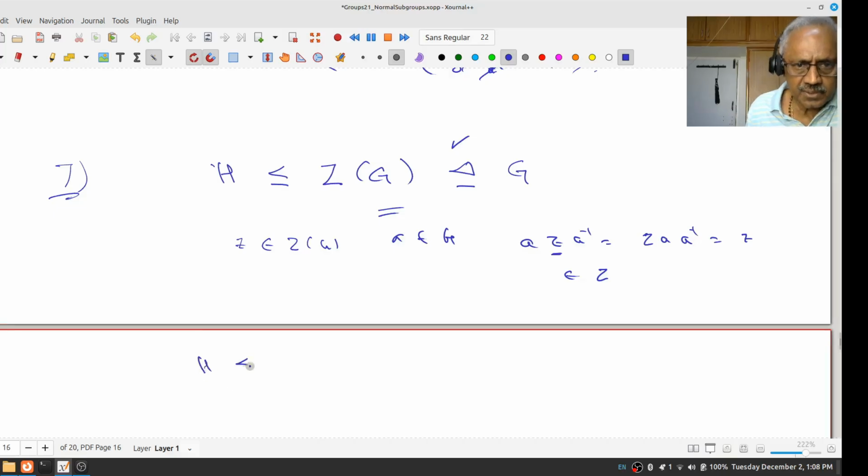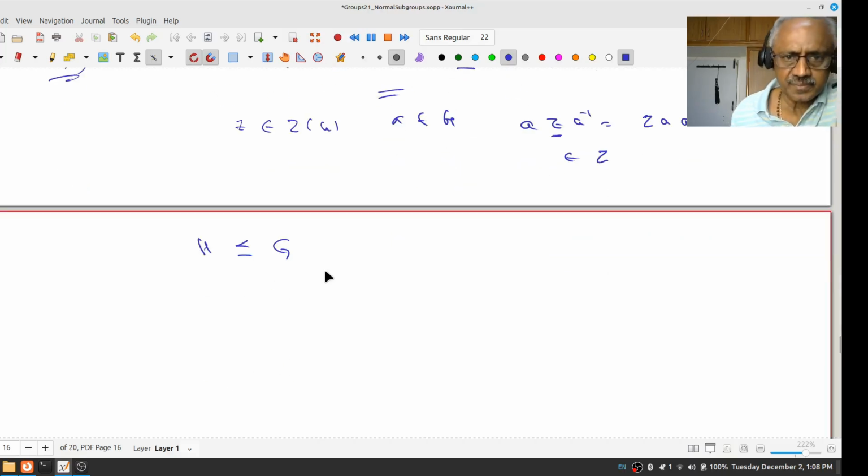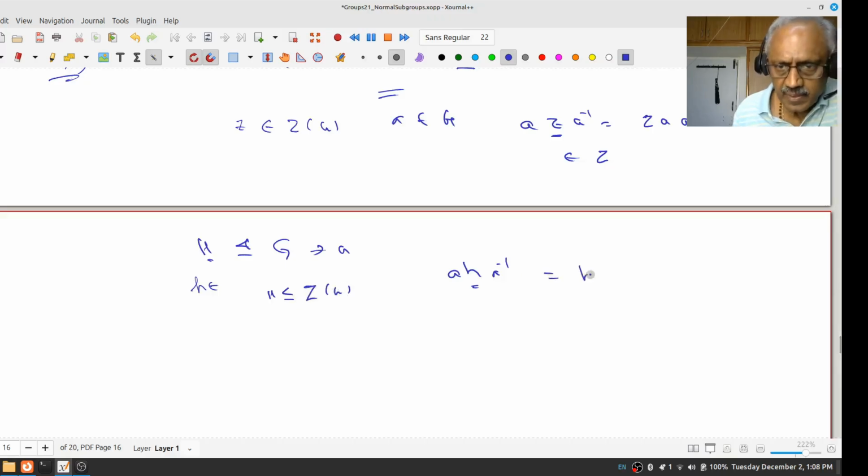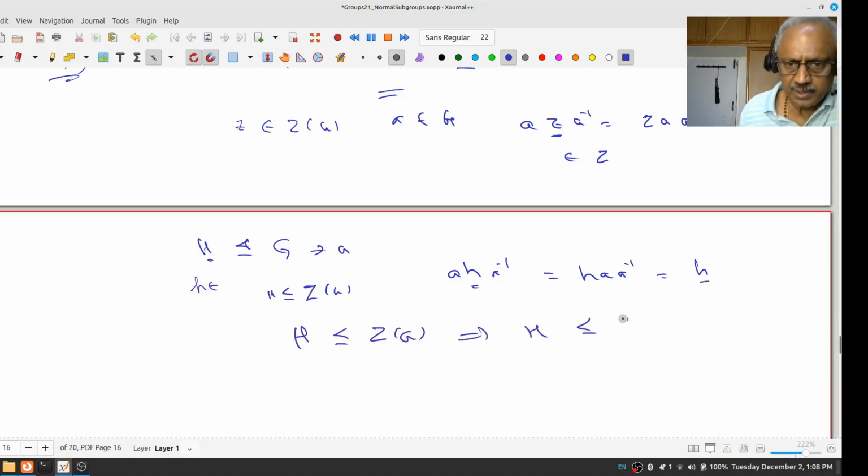Now I claim H is also normal in G for the same reason. Start with any A, then A H A inverse, but H is in the center, therefore it is the same as H A A inverse, therefore H. Therefore any subgroup of the center is normal in G. In particular, the center is normal in G.